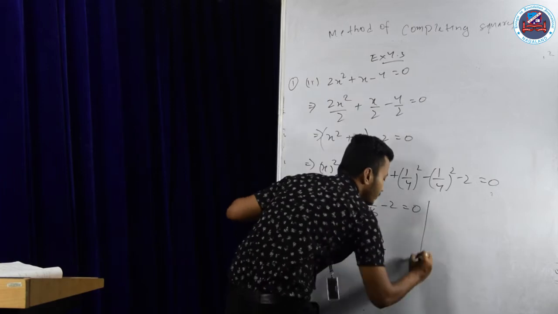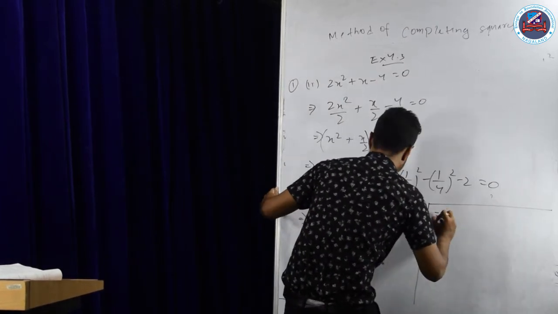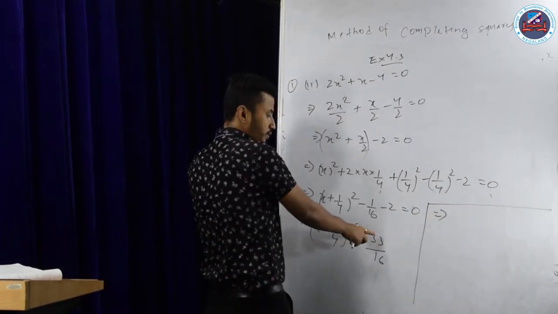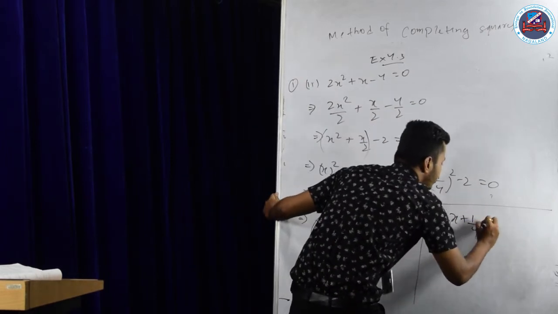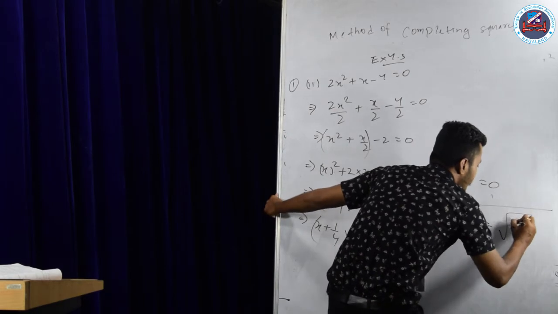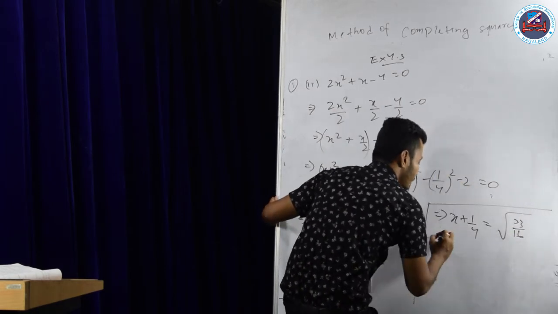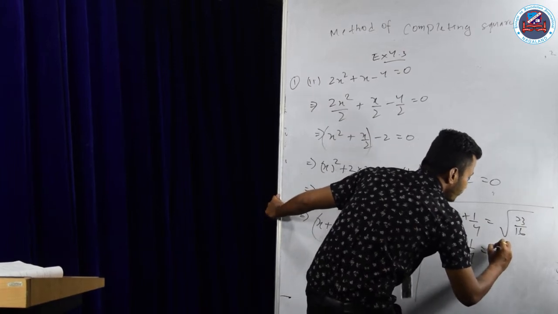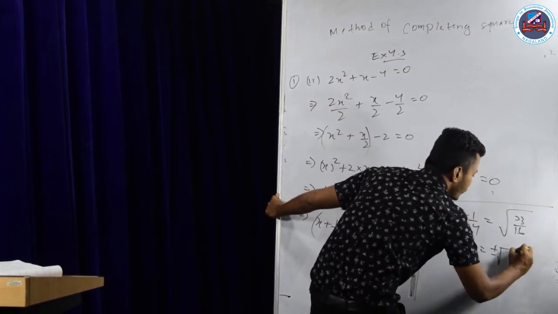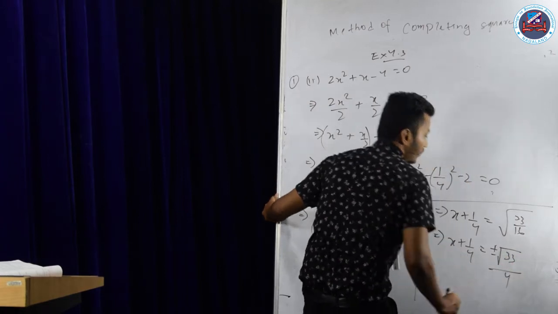Okay guys, I'll do it on this side now. Now, x plus 1 by 4 whole square is 33 by 16. What does it mean? That means x plus 1 by 4 is under root of 33 by 16. Yes or no? Okay, so x plus 1 by 4 is plus minus root over 33 by 4.